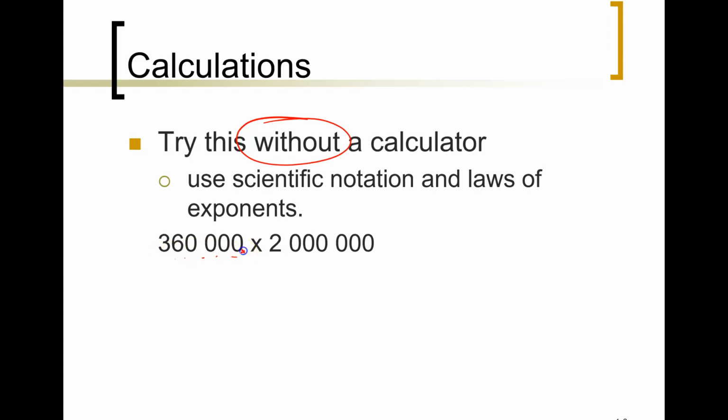So this decimal sits here. Well, 5 places to put it between 1 and 10. That will be 3.6 times 10 to the 5 times 2 times 10 to the 6.